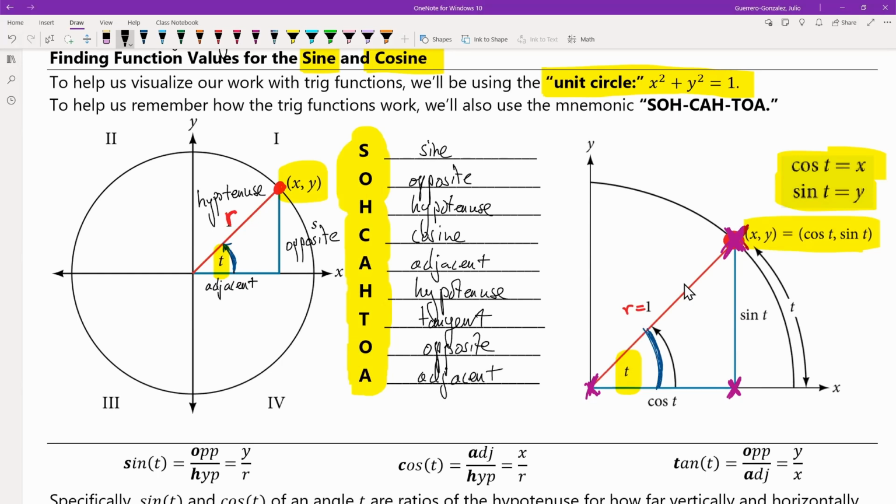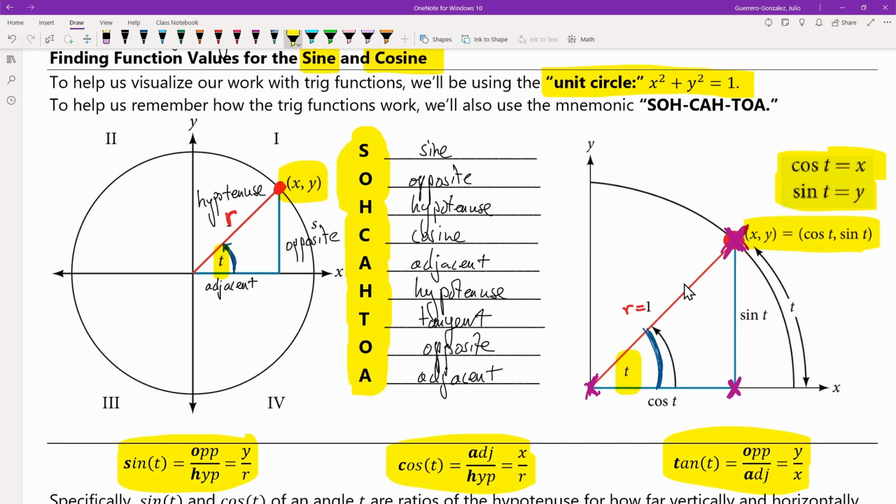Those are the things that are down here at the very bottom. This is how people tend to remember sine, cosine, and the very last one there, tangent, whenever we talk about trig stuff.